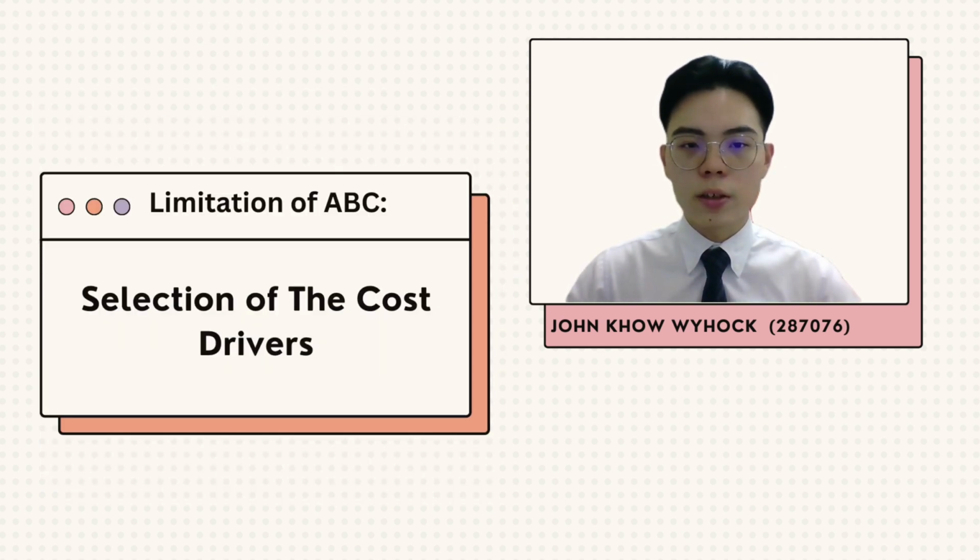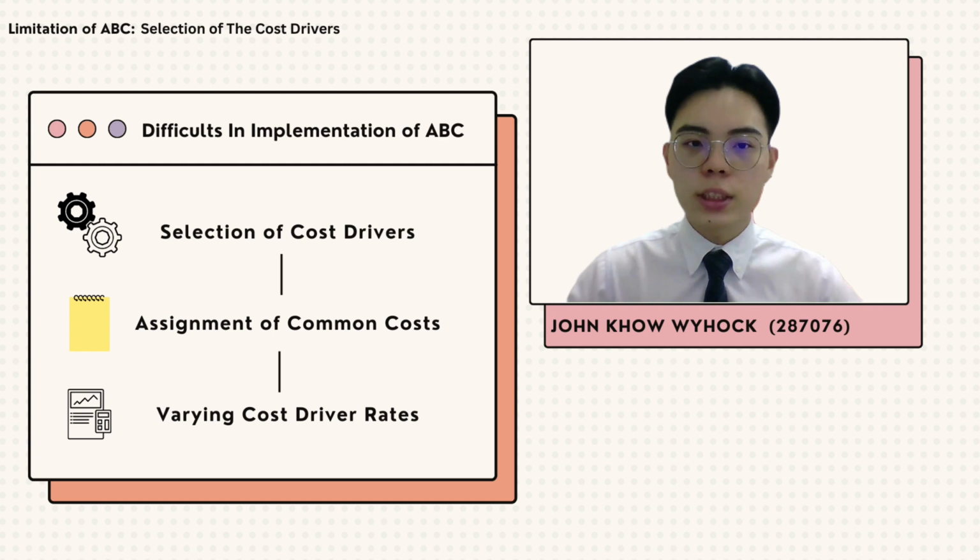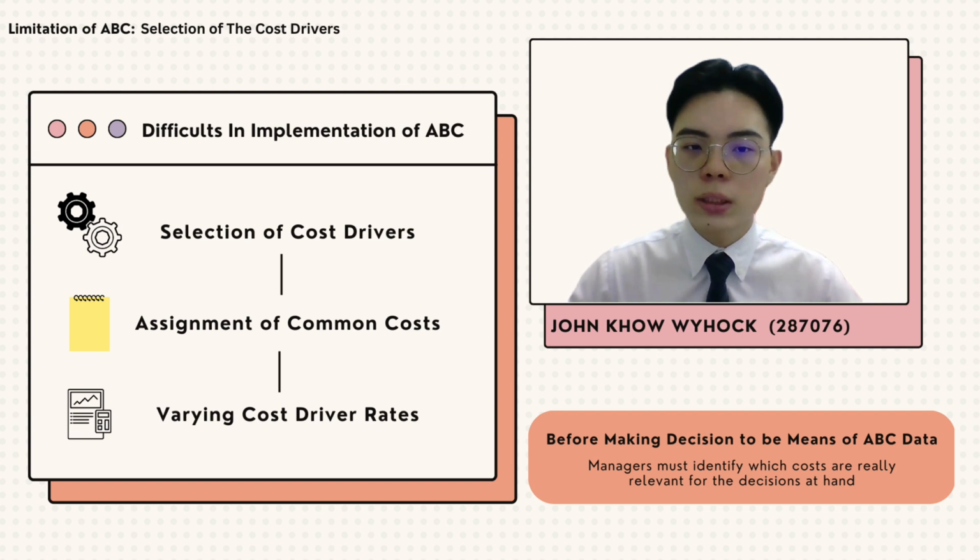The next limitation of this system is the selection of the cost drivers. Some difficulties emerge in the implementation of ABC systems, such as selection of cost drivers, assignment of common costs, varying cost driver rates, and so on. Before making any useful decision based on ABC data, managers must identify which costs are really relevant for the decision at hand.